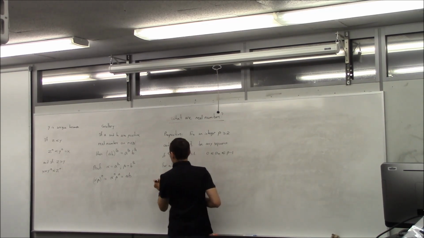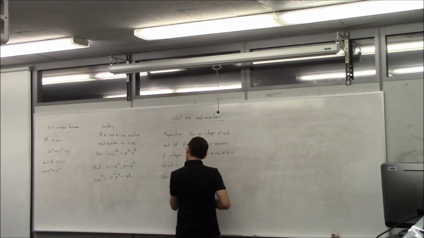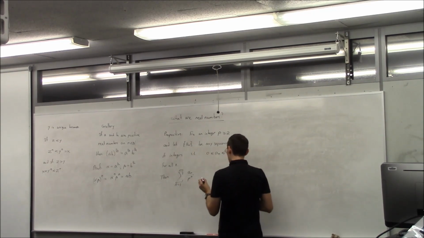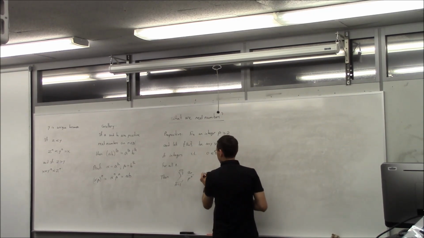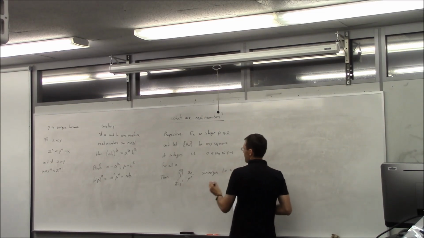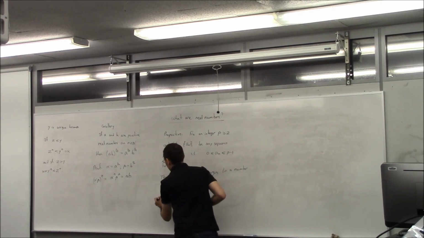Then the infinite sum, n equal 1 to infinity, a sub n over p to the n, converges to a number in 0, 1.